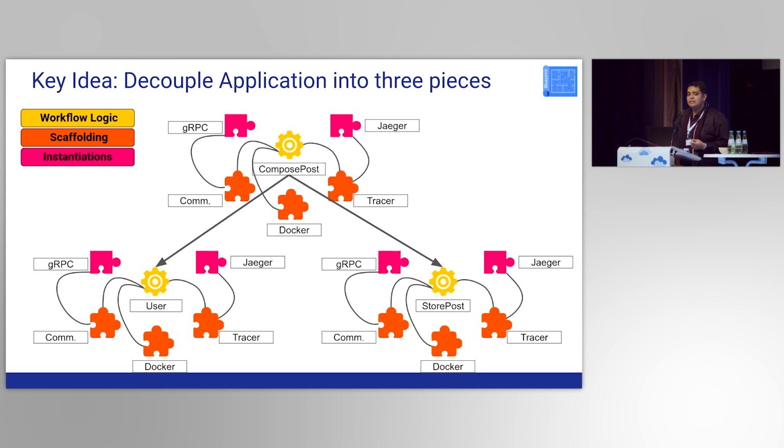The final piece are the binding choices, which we call instantiations. These provide specific implementations of components, such as which cache to use, the choice of scaffolding, and choice of the particular RPC framework.